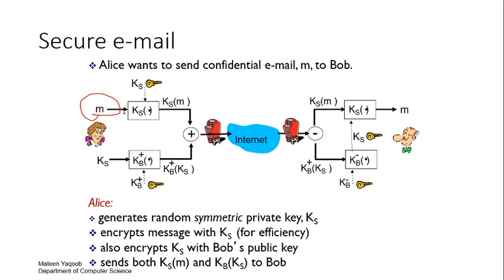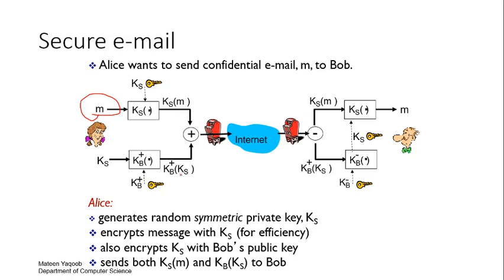In order to secure that email, Alice will take the message, the body of the email, and encrypt it with the symmetric key KS in order to further secure it. She also encrypts KS, the symmetric key, with Bob's public key, and sends both the encrypted message and the encrypted symmetric key.